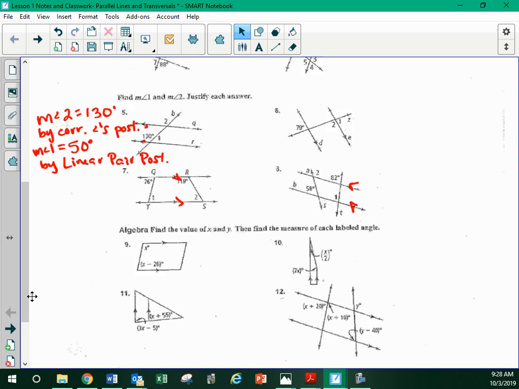It'll be 61 degrees. Same side. No, it's not. Number 2 would be consecutive.